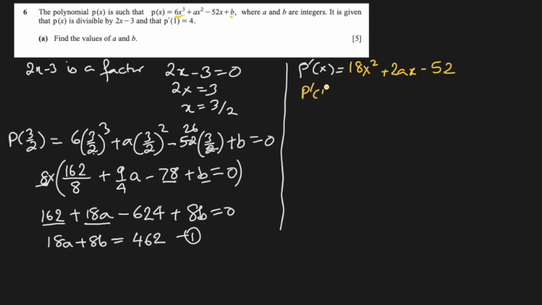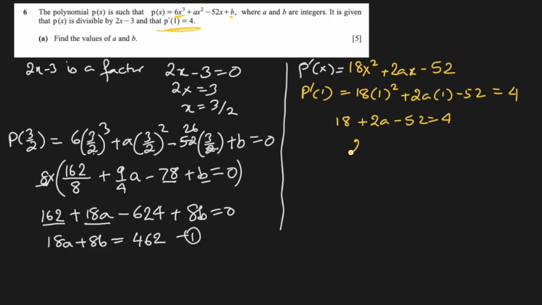Now p prime 1. So substitute each x by 1. So 18 times 1 squared plus 2a times 1 minus 52. And it is equal to 4. That's what they've given here. p prime 1 is 4. So 18 times 1 is 18, plus 2a minus 52 equal to 4. Oh, there is no other variable here, so it becomes easy. 2a equal to 18 minus 52 will be minus 34, and it goes there, becomes positive 34.